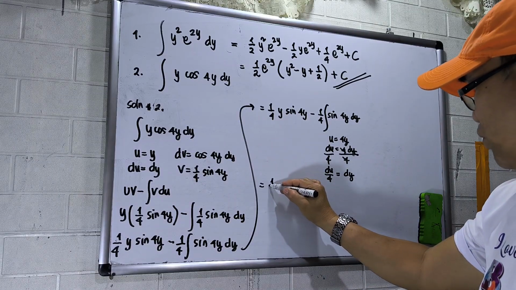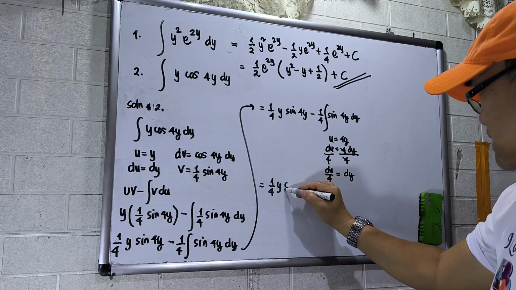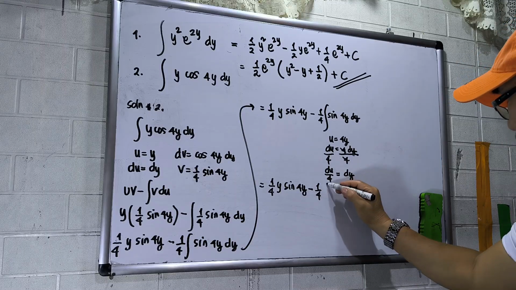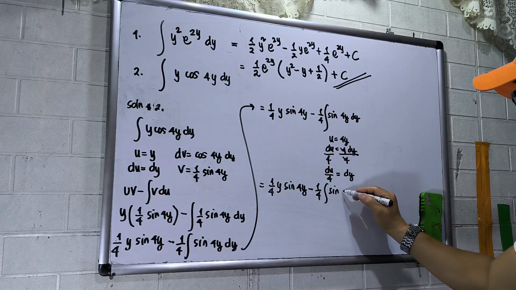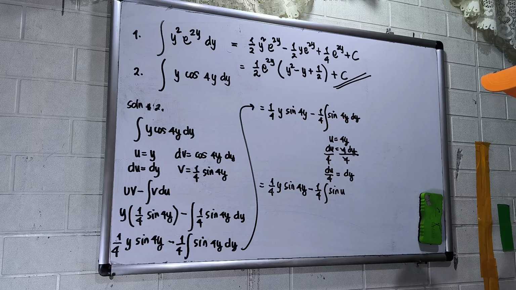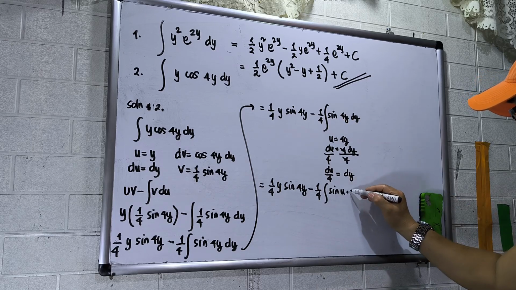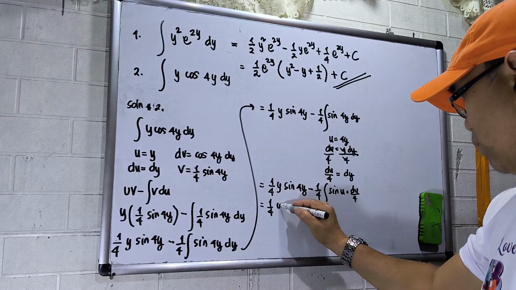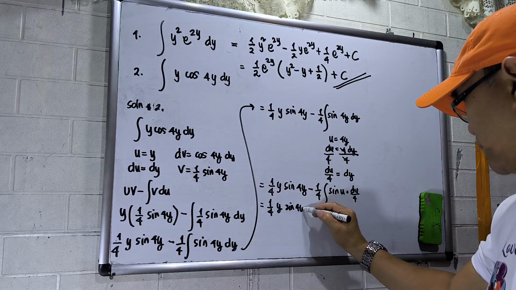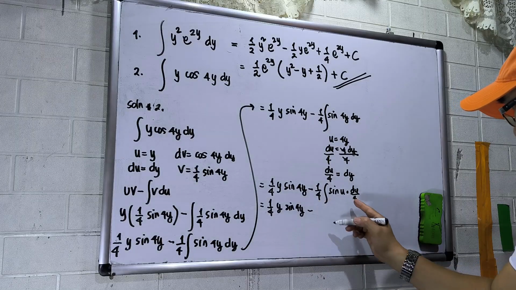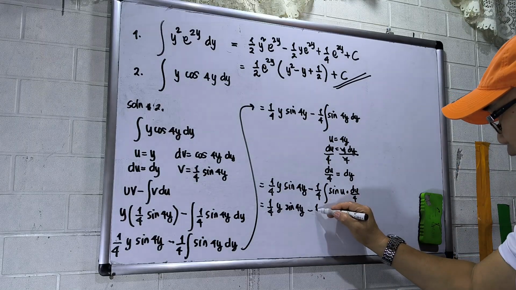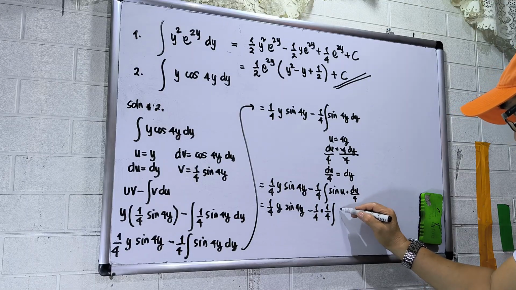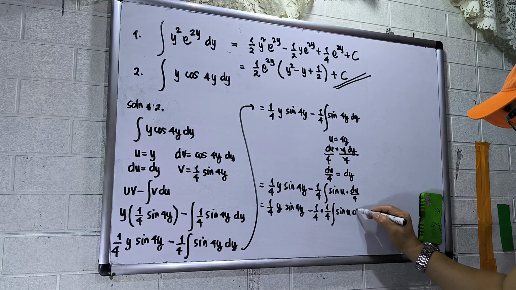So this will be 1/4 y sine 4y minus 1/4 integral sine u, u is 4y, then dy is du over 4. So this will be 1/4 y sine 4y. Since this is constant, I will place it also outside, so this will be times 1/4 integral of sine u du.